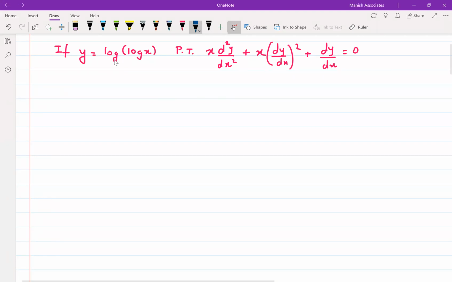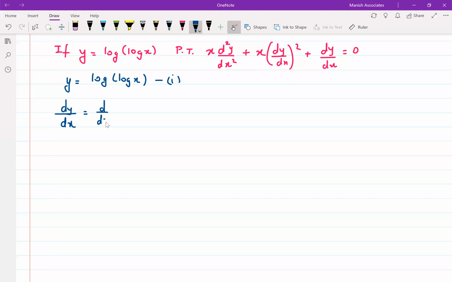See the solutions now. Now you have been given y is equal to what? Log of log x. Please keep your pens down and look here at the screen, all of y'all. This is your relation 1, okay? I'll differentiate now. So I get dy by dx will be equal to d by dx of log x, right?